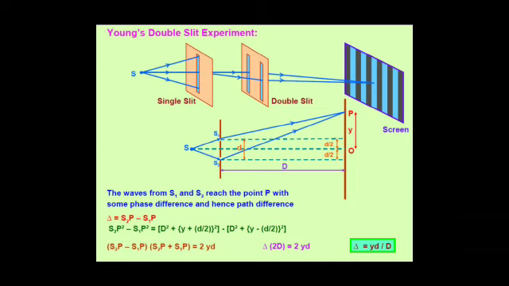What will be formed on the other points of the screen? For this we consider a point P at a distance y from the central point O. And we will try to find out the path difference between the two waves coming from the two sources S1 and S2 and reaching the point P. This path difference is represented by S2P minus S1P, equal to delta in the picture.